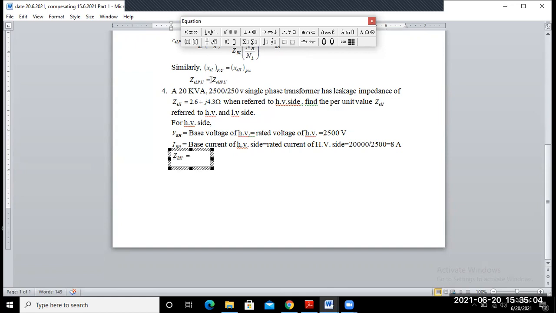You already found the values of VBH and IBH, so just put in the values and simplify.